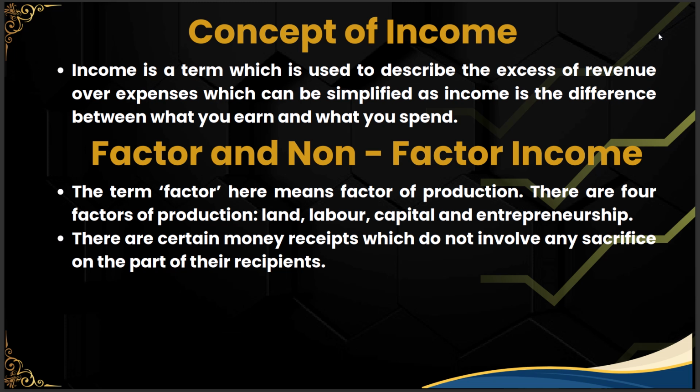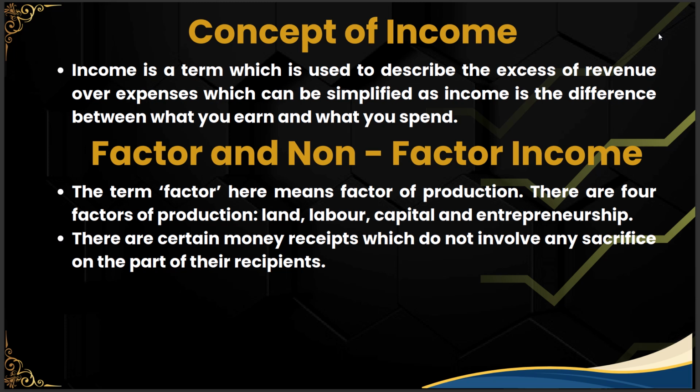See, what is non-factor income? There are certain money receipts which do not involve any sacrifice on the part of the recipients, like gifts, donations, charities, taxes, fines. These are all receipts where you don't get any return back, right?